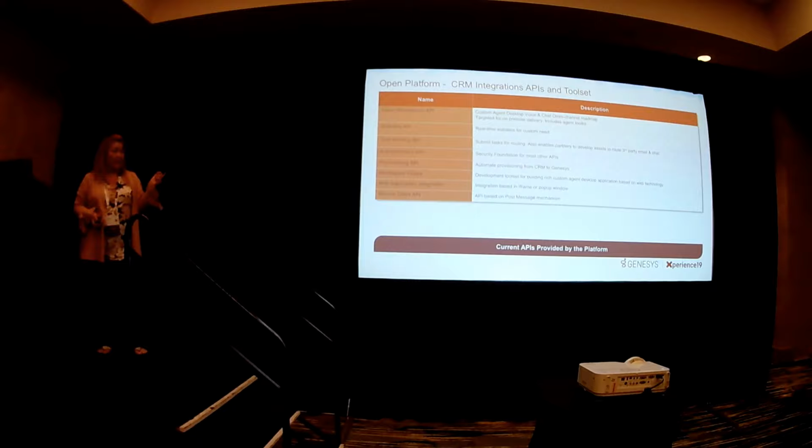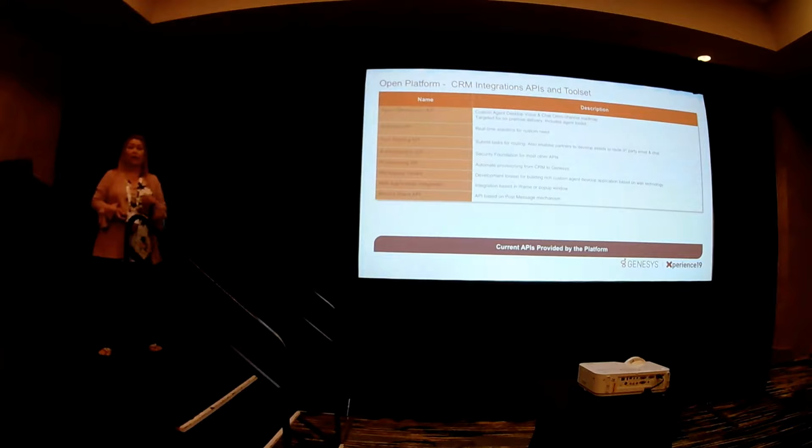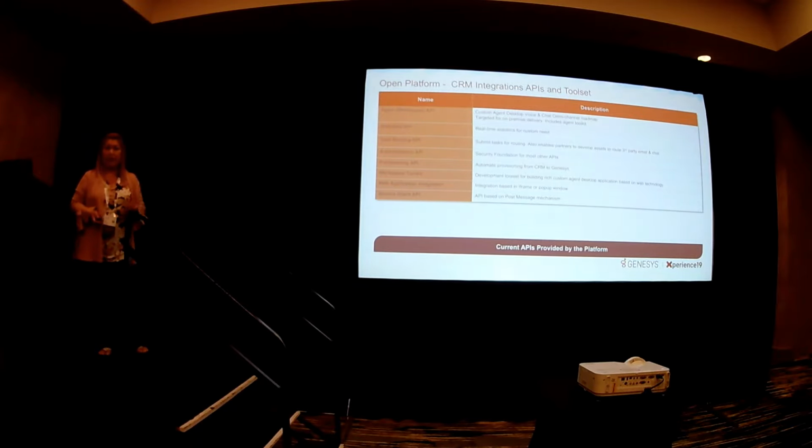Authentication API, of course, is the main API that we have for GWS9 in order for you to authenticate into our cloud, and of course if you have GWS on-prem, that will be the authentication that you will be able to use.